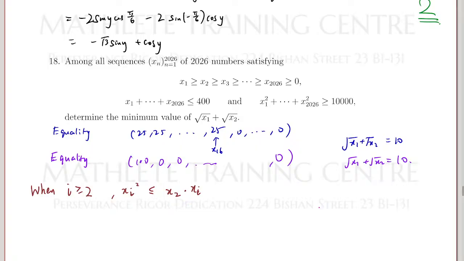But you notice something, this inequality is used both here and here. In the first case, if they are both 25, obviously this is true. But if they are 25 and 0, then this is also exactly true because 0 squared is less than or equal to 25 times 0. So it's also a tight inequality. And of course, in the second case below here, 0 squared is less than or equal to 0 times 0 is also true.